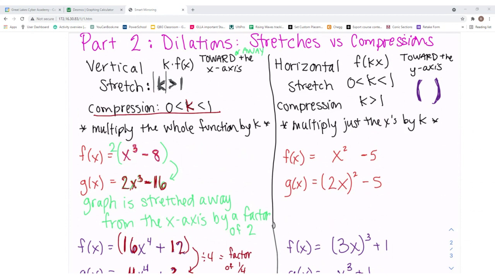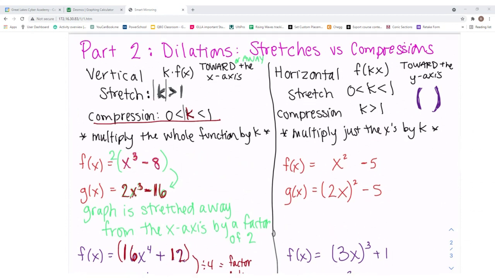If instead it's a horizontal stretch, let me see. Let's put this. A stretch is going away from the x-axis, and the compression is going toward the x-axis.